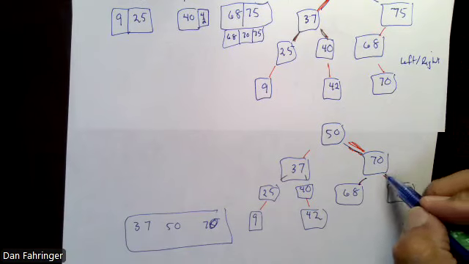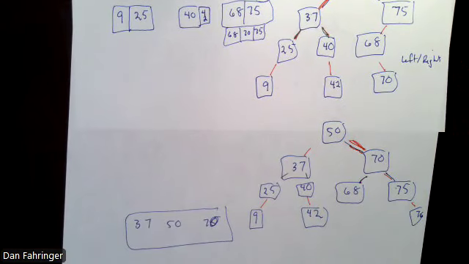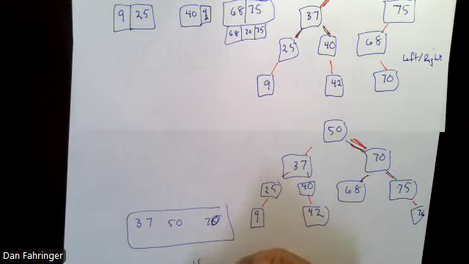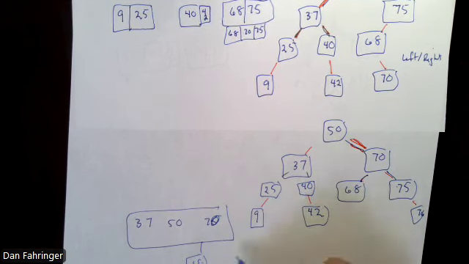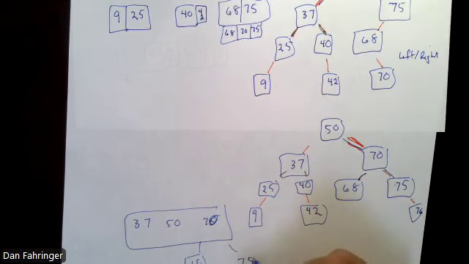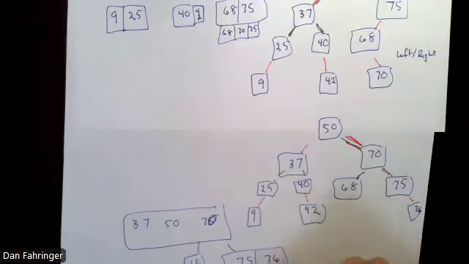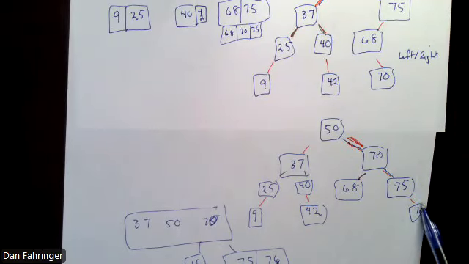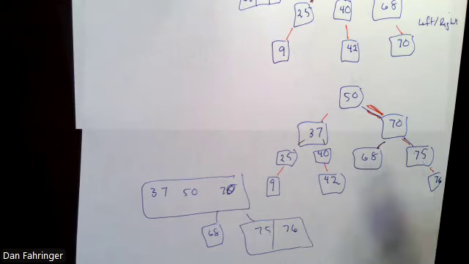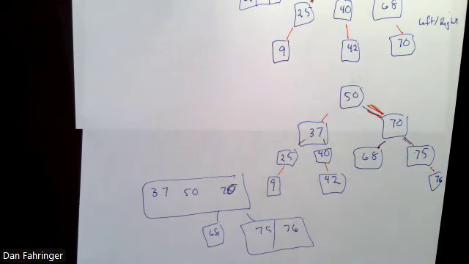This became a black, and this became a black. 68, 75, 76. That became a red. These two became a black. That became the black. So sometimes we rotate left, sometimes we rotate right, sometimes we just blow up the next level.